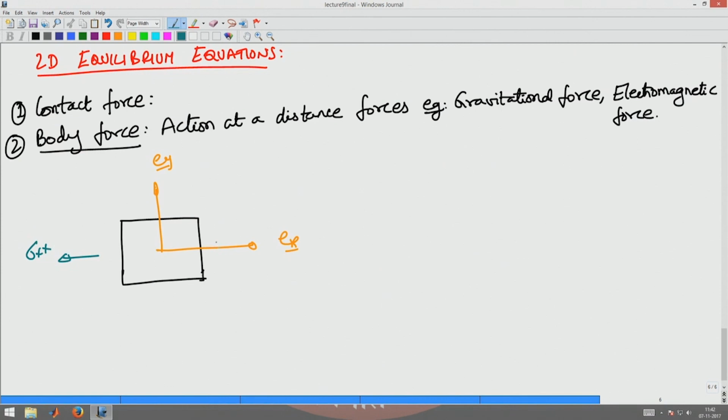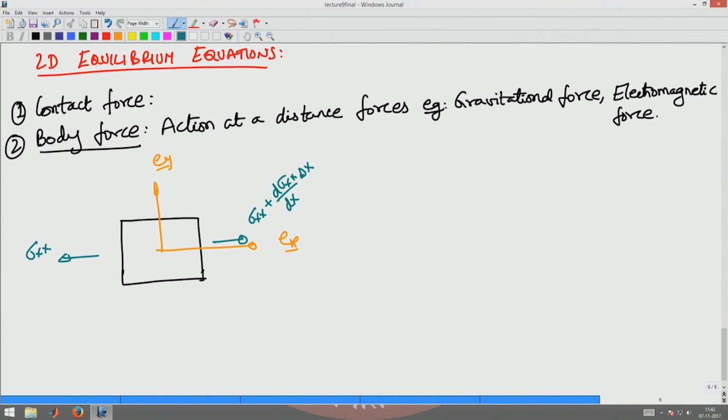If the stress were to be uniform, there will be a sigma xx here too, but the cube has a dimension of delta x which is infinitesimal but significant. So the stress acting here would be sigma xx plus d sigma xx by dx into delta x. Let us assume that to be the stress there.